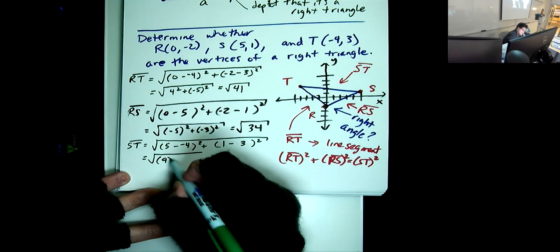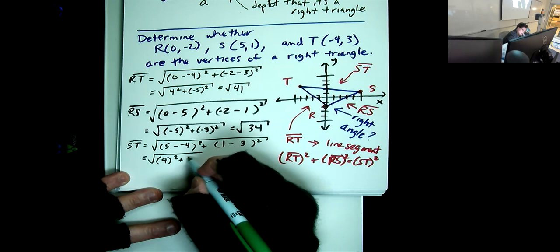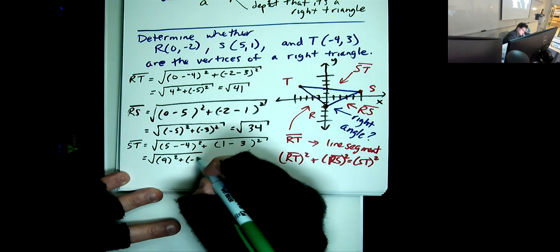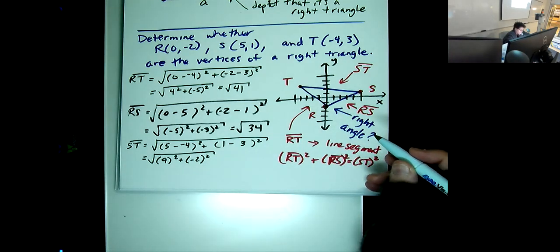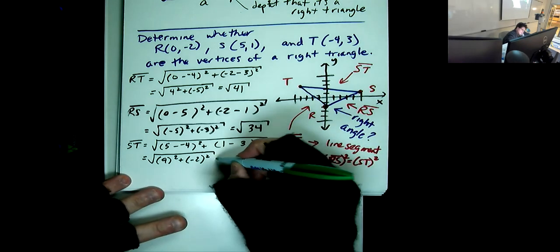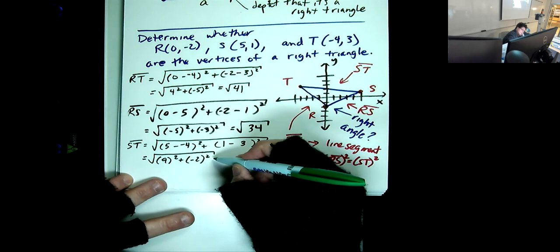I got 9 squared plus 1 minus 3 is -2. This is 81 plus 4, which is the square root of 85.